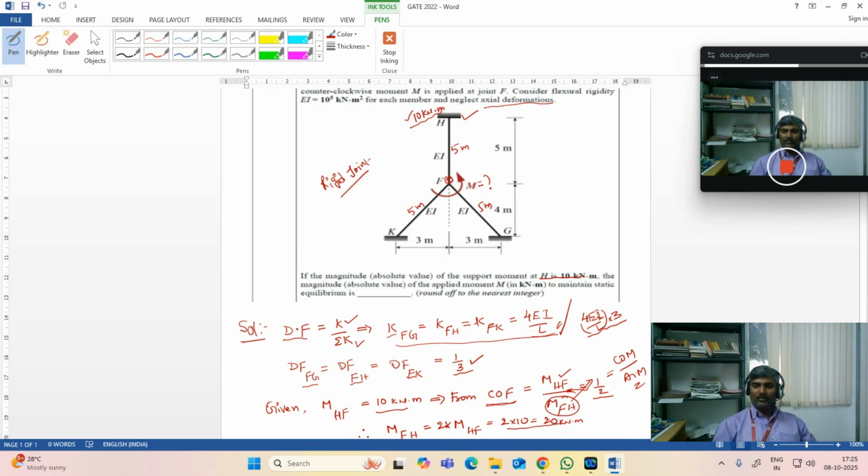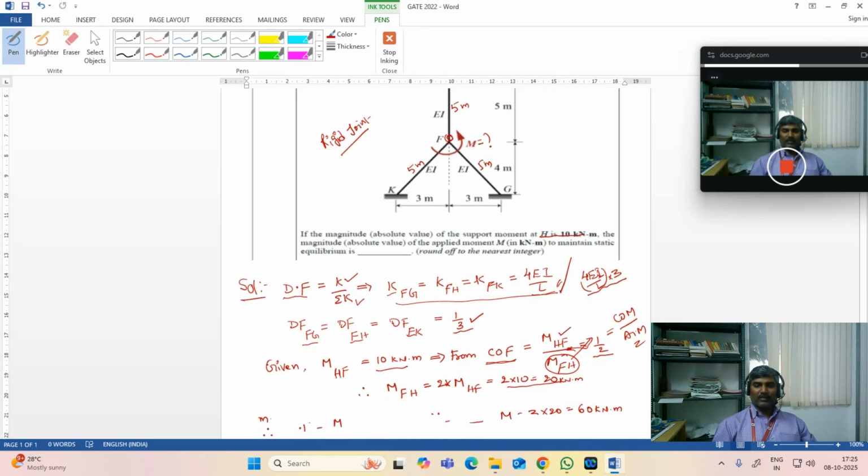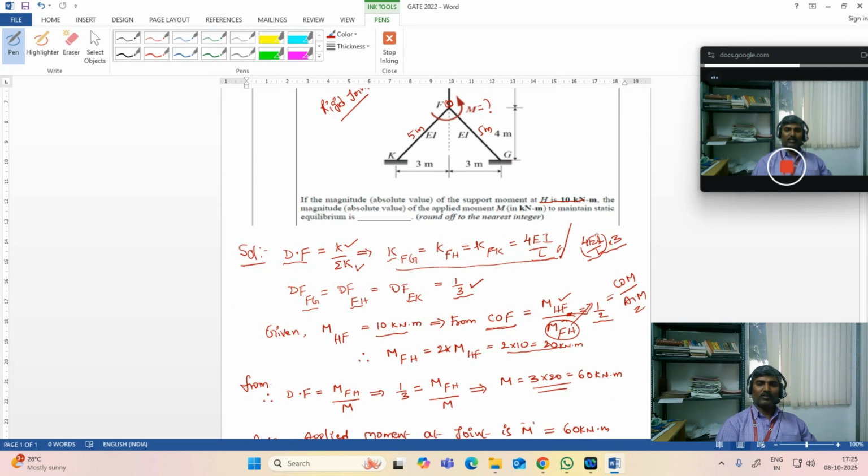So going further, now you know that the moment at F for member FH is 20 kilonewton meter.